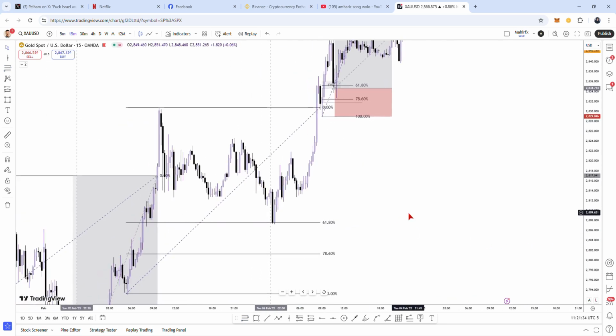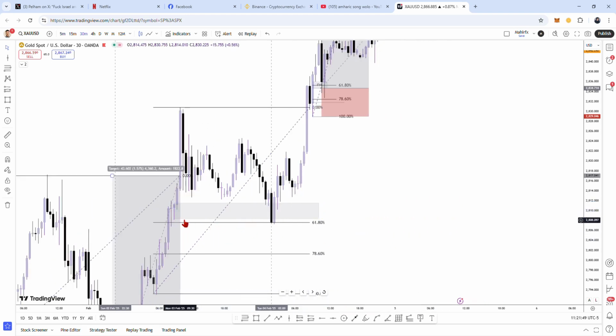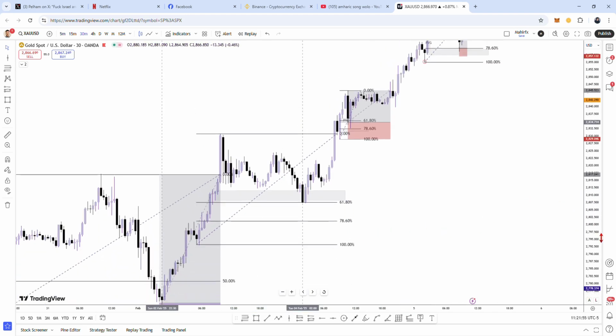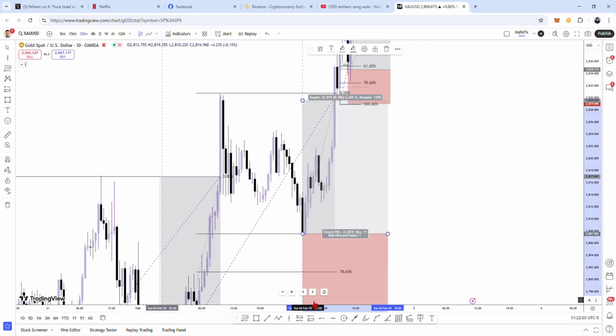As you can see, the confluence is this order block. It didn't close below. Actually on the 30 minutes you can check the order block like this. And also the entry point, our golden zone, is perfectly triggered, right?